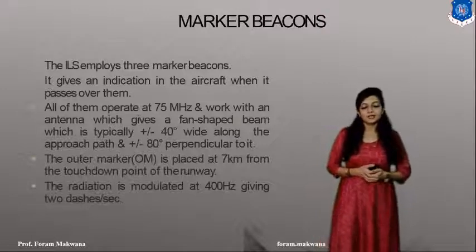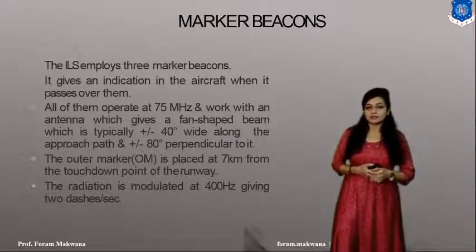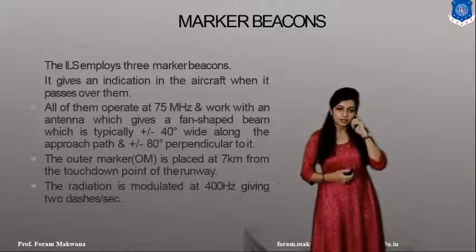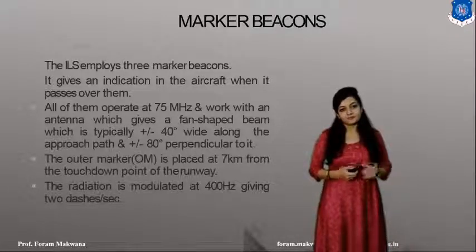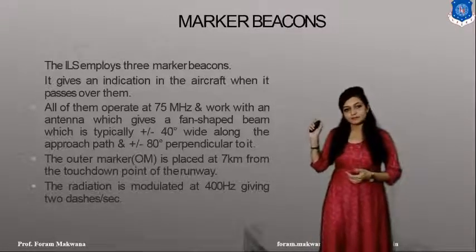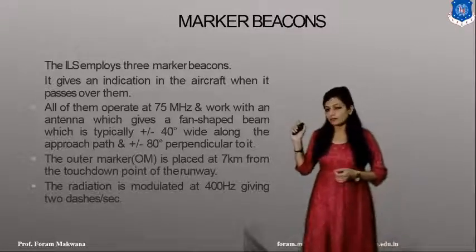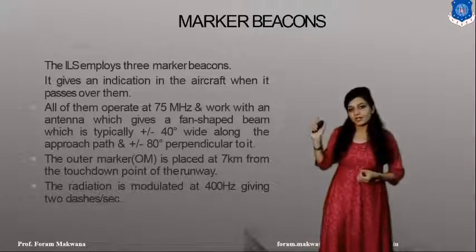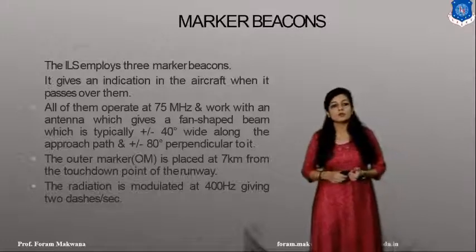Okay. Now the next is marker beacons. We have studied glide slope and the localizer. The third one is the marker beacons. It is going to be employed by ILS. The ILS employs 3 marker beacons. It gives the indication in the aircraft when it passes over them.